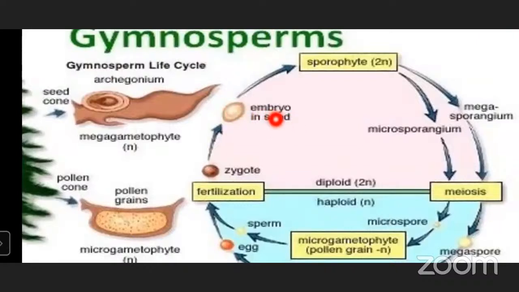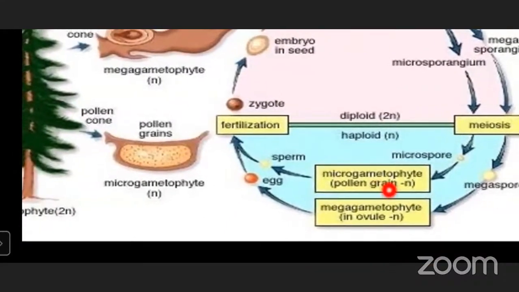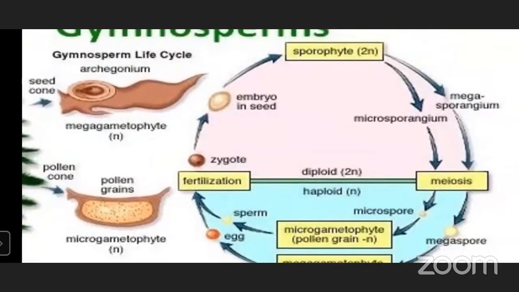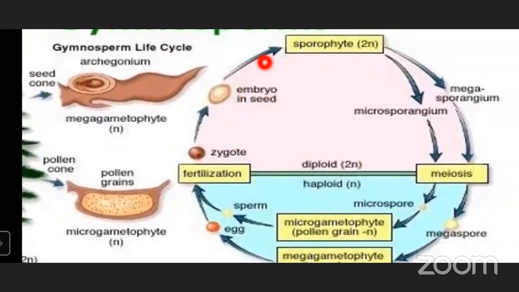The embryo is present inside the seed, because after fertilization, the ovule is transformed into a seed. The zygote develops into the embryo, and the embryo is present inside the seed. If the embryo is not present inside the seed, that seed is non-viable. This seed along with the embryo germinates to give a diploid sporophyte plant body.